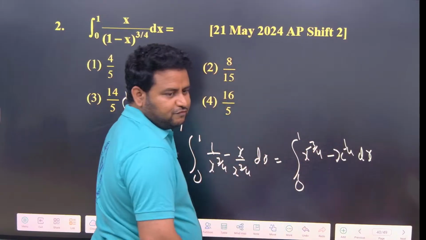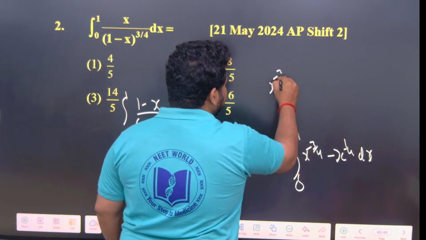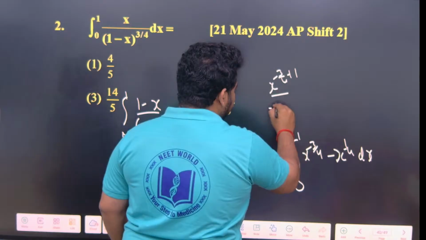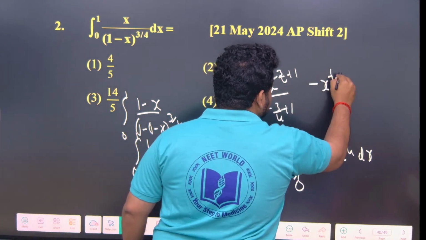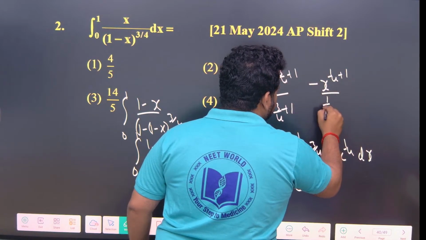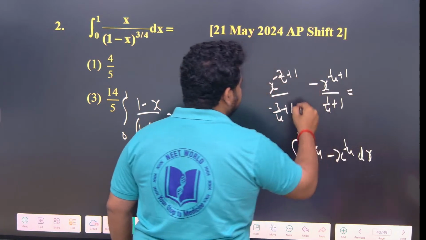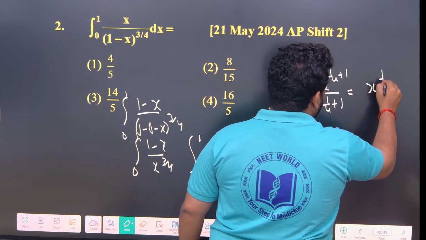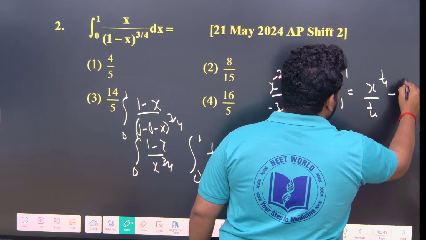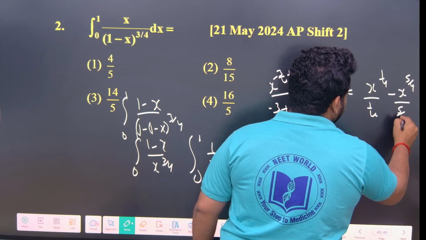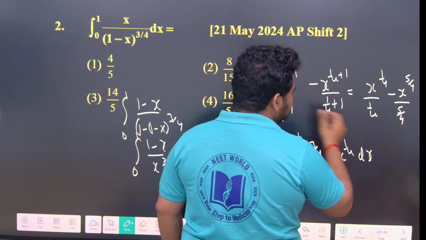x power minus 3 by 4, that is x power minus 3 by 4 plus 1 by minus 3 by 4 plus 1. Understood? No, this will become x power 1 by 4 plus 1 by 1 by 4 plus 1. So minus 3 by 4 plus 1 is x power 1 by 4 by 1 by 4. This will be x power 5 by 4 by 5 by 4. Correct? So 4 will go up.